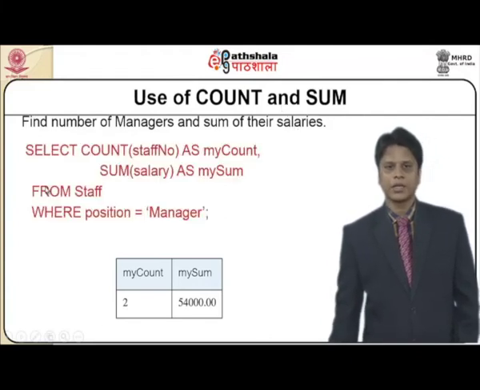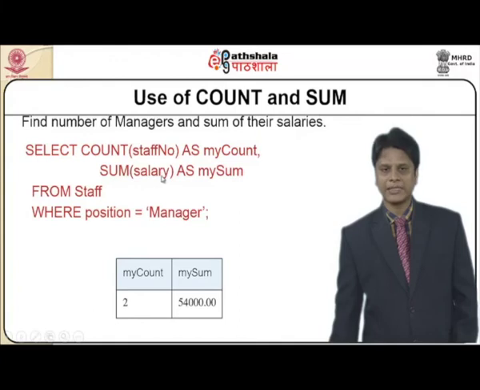Select count staff number as my count, sum salary as my sum from staff, where position is equal to manager. For counting staff number, please understand my query. Sum of salaries is direct, sum of salary, and that should be stored as my sum.